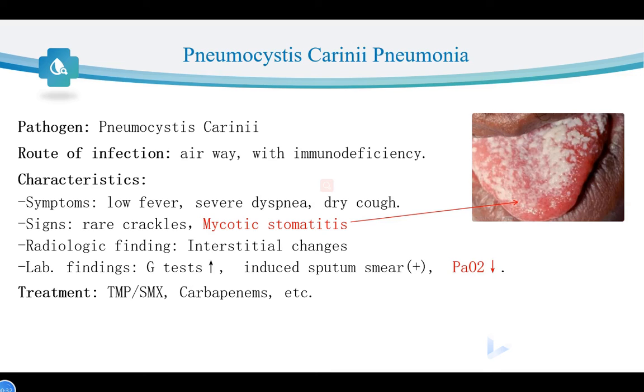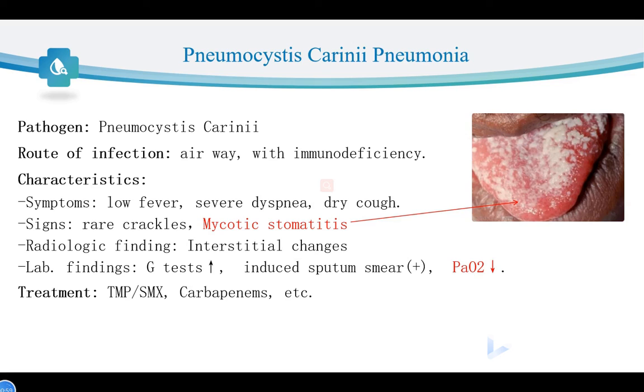The characteristics of the clinical manifestation include severe dyspnea caused by the interstitial changes in both lungs, and we usually can find a fungal infection in the tongue because of the immunodeficiency.